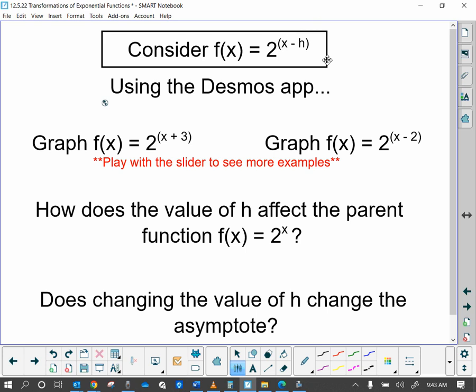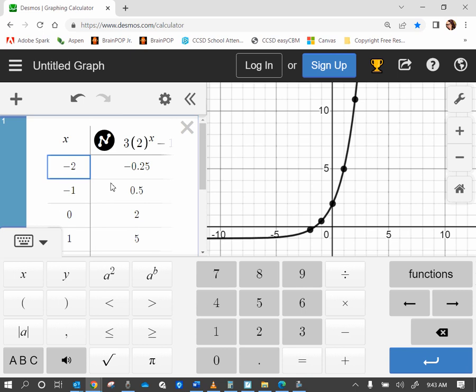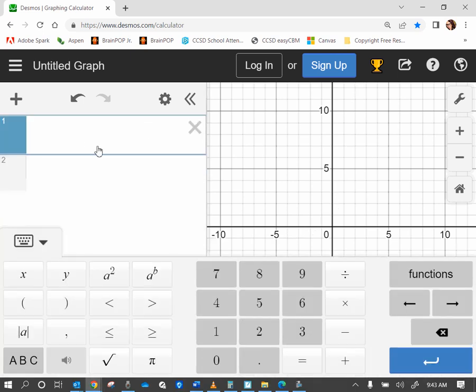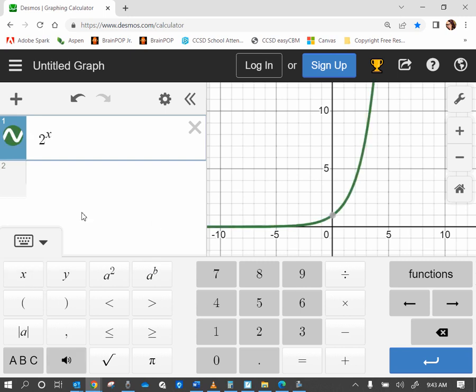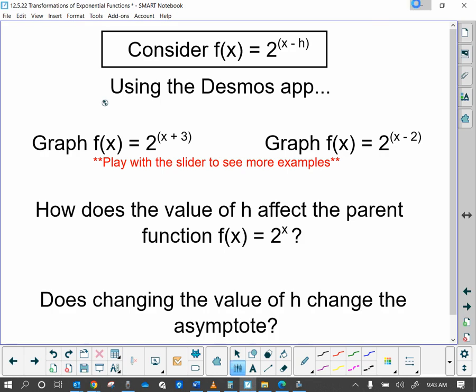Okay. So if our original function is f of x equals 2 to the x power, let's graph that. There's your basic function. Now, if we change something, if we add something with the x, what's the first example say? Plus 3.